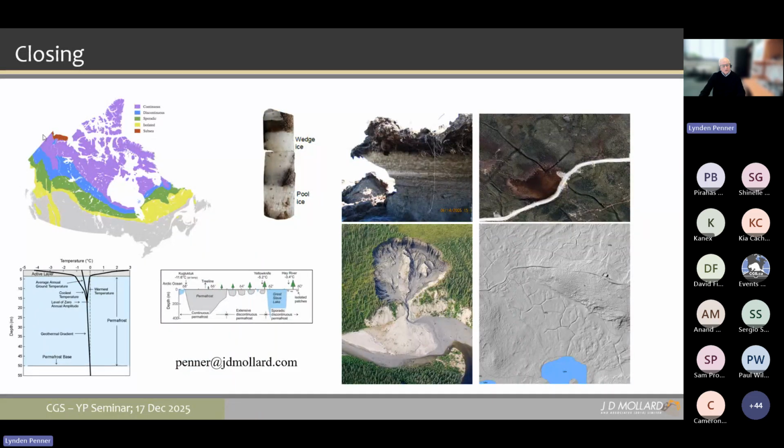So I've taken you through the regional distribution, something about the timing of ice formation, permafrost formation, and degradation, and then showed you a range of features that you can use to identify that you're dealing with permafrost in an area, some idea of whether it's degrading or not, and at what rate.